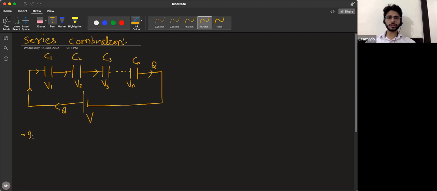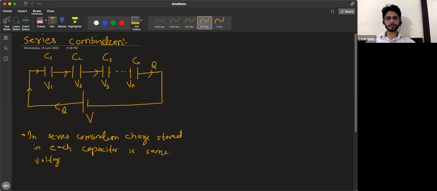So in a series combination, the charge stored in each capacitor is the same, while the voltage divides. Same charge is stored in each capacitor, but the voltage will divide.